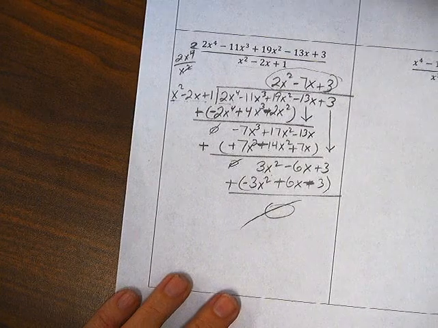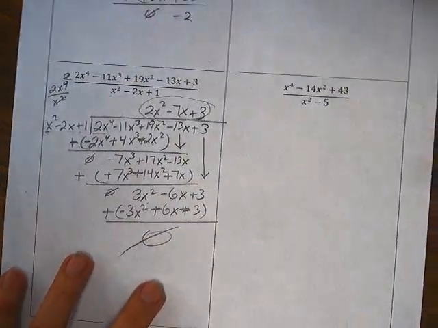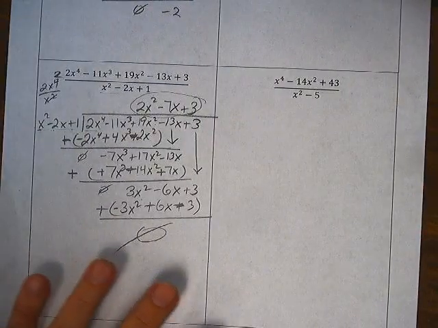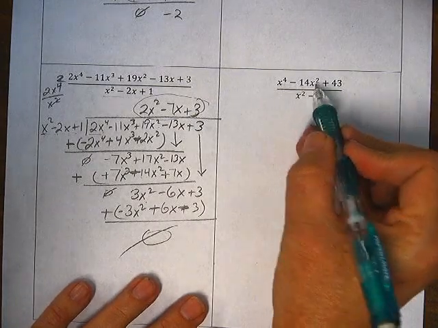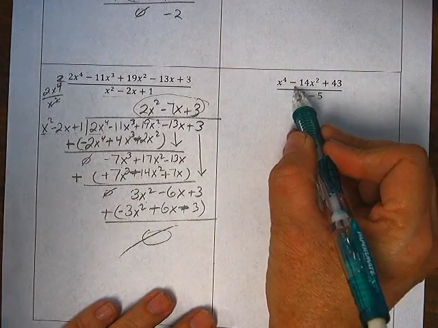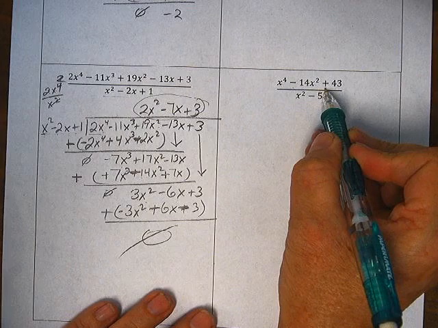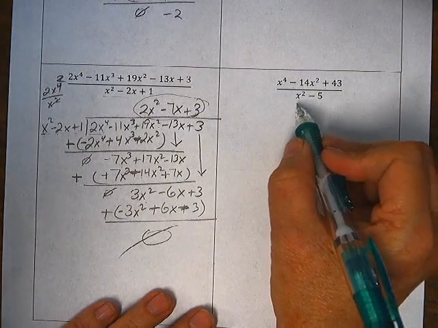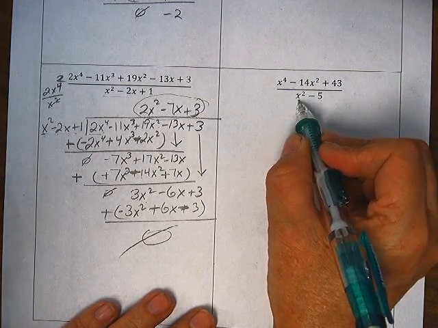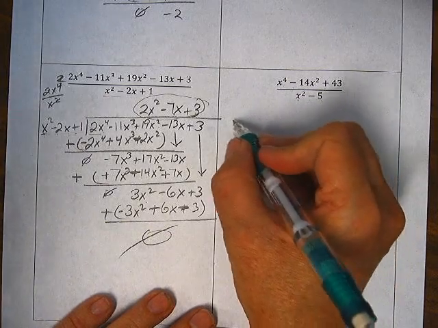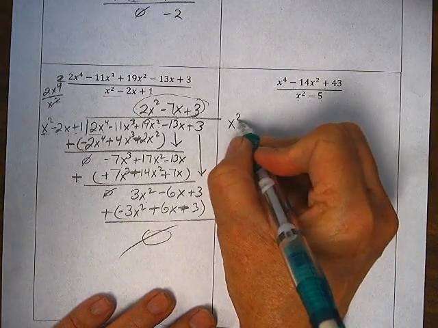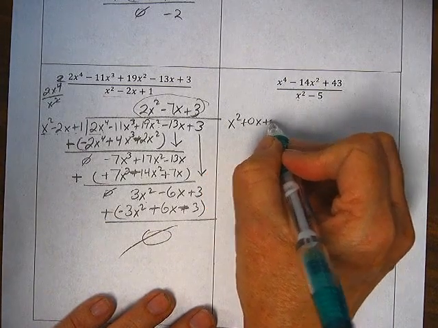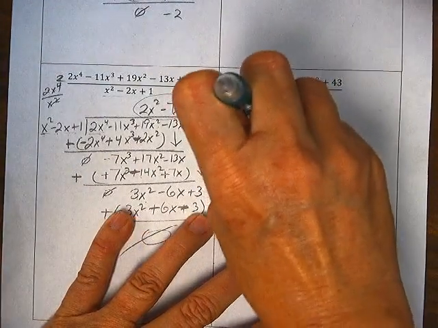Okay, well, last one. Uh-oh, look at this guy. We've got x to the fourth, x squared, and a constant. So we're missing our x to the third term and our x term. And down here, we're missing the x. So we're going to have a lot of placeholders. So we're going to have x squared plus 0x, minus 5.